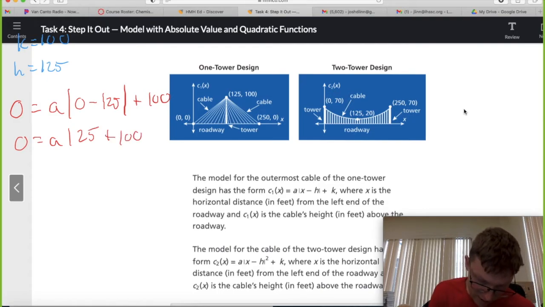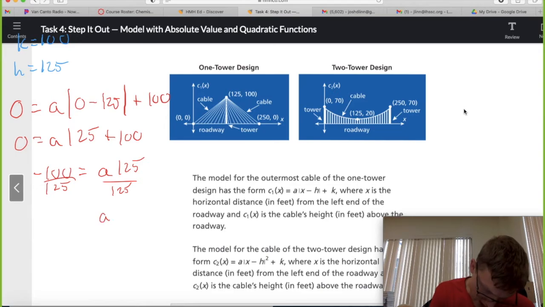Notice how this was a negative, but I dropped the negative because it's an absolute value. So now we're going to put the 100 on the other side. Equals a 125. Then we're going to divide both sides by 125.